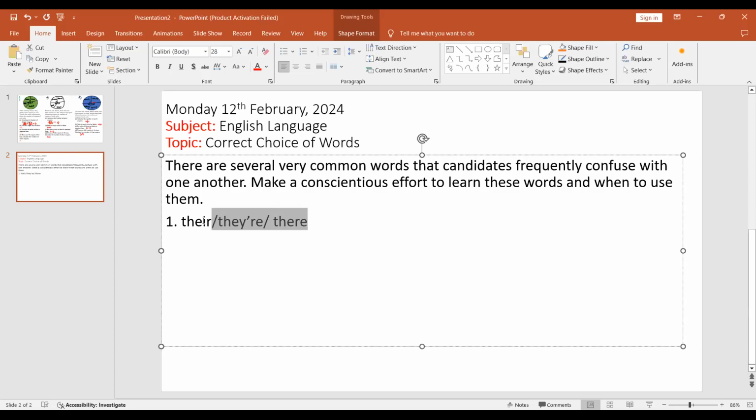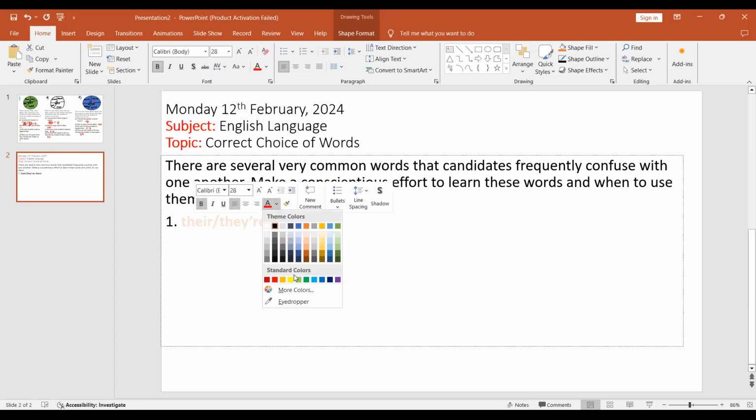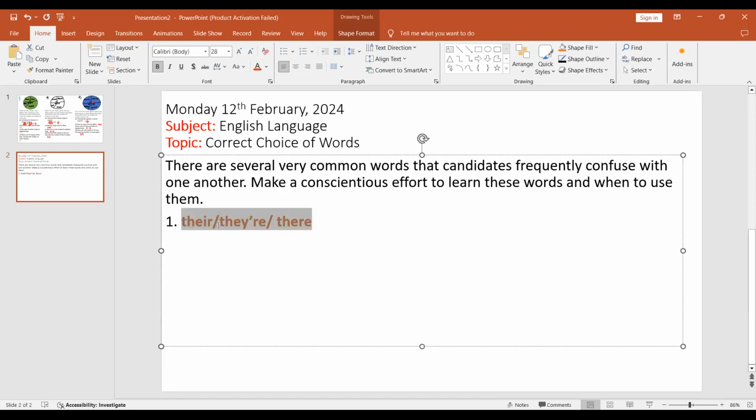Now, my question is, do you know when to use these words? When do you use their, THEIR, or when do you use they're, or there? The first one is like when you're talking about someone's ownership, to show possession.